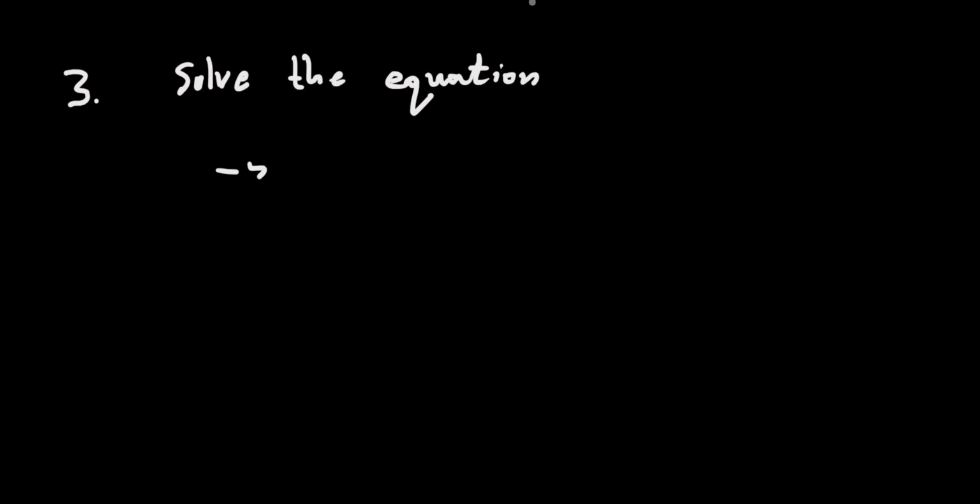Question 3. Solve the equation. Negative 5, open parenthesis, negative 4 plus 2v, close parenthesis, equals negative 50.